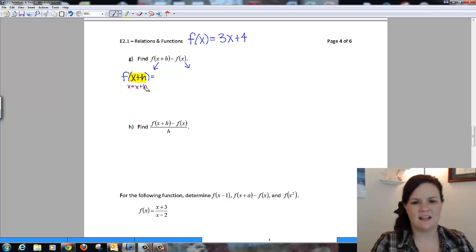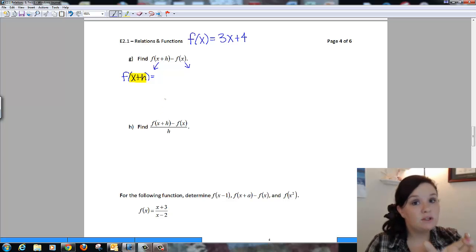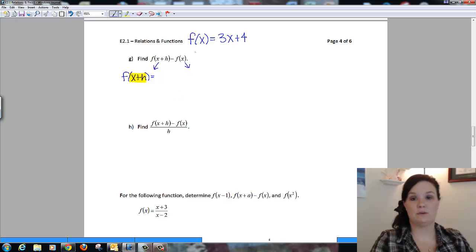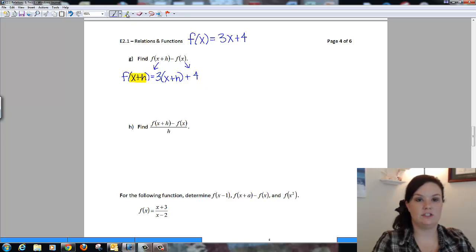And I hate saying it like that because I'm using an x here too. So we're just going to say whatever's inside the parentheses, that's what plugs in for x in my original. So my original function says to do 3 times my input and add 4. And here my input is x plus h. Okay? And then I'm going to go ahead and distribute it just to simplify it. So I have 3x plus 3h plus 4.